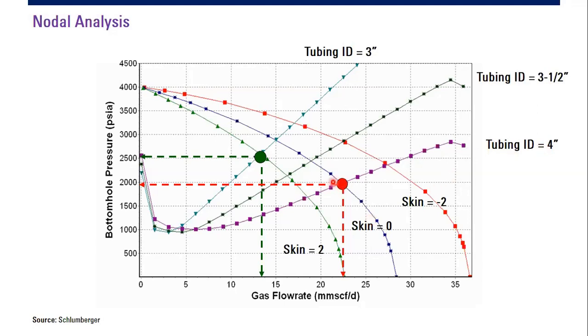And now I have this operating point coming from this dark blue IPR and the purple VLP. So now I have a lower bottom hole flowing pressure of approximately 2000 psia and a higher flow rate of maybe, for example, 22.5 million standard cubic feet per day, which is significantly higher than the previous condition.